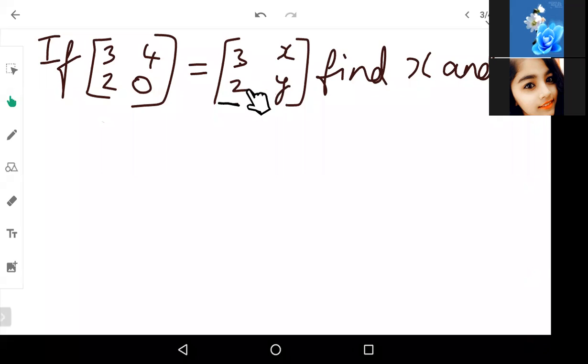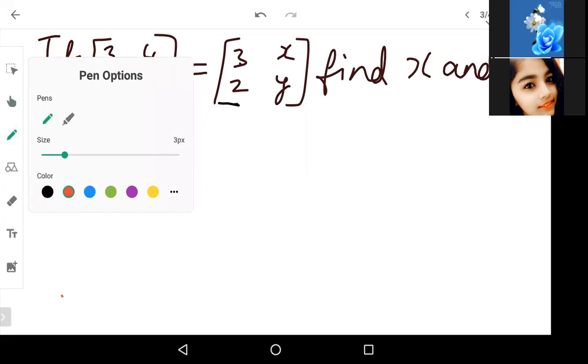So in that, we are going to check each and every element to be equal to the other matrix. So we are going to use the same equality of matrices in this problem, and we'll be finding out what is the value of x and what is the value of y in this matrix. Okay, so the answer is very, very easy here.